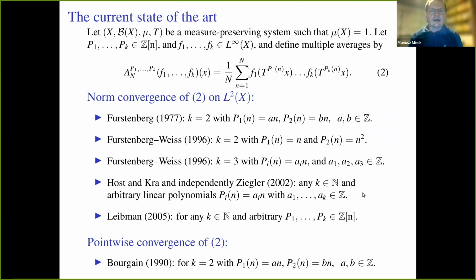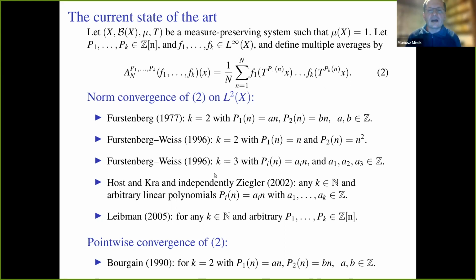And the bilinear problem for linear orbits, the limiting behavior, was established by Furstenberg. Then in the mid 1980s, Bergelson started to consider these averaging operators systematically in the context of weakly mixing systems.